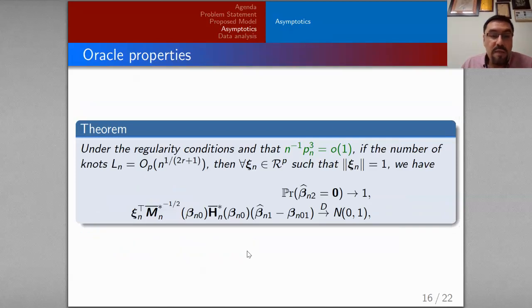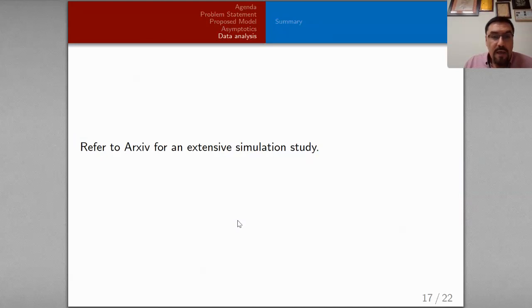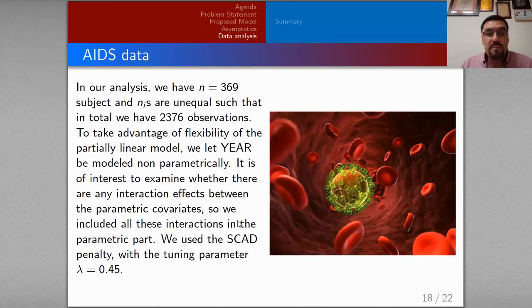And in the other result, we show the oracle property, which means we can, almost surely, select the significant variables, and also the asymptotic normality of the estimates. If you want to see the proofs of the theorems and also the extensive simulation study, I refer you to the arXiv version of this paper, and I quickly go to the real data application.